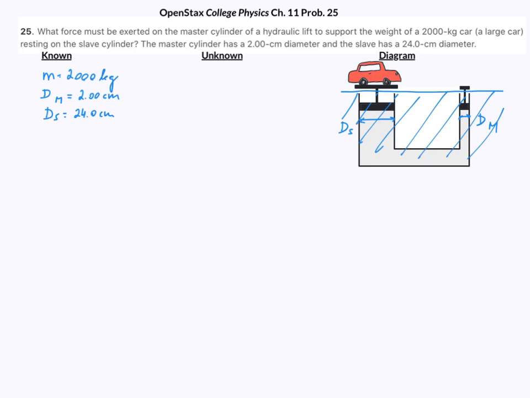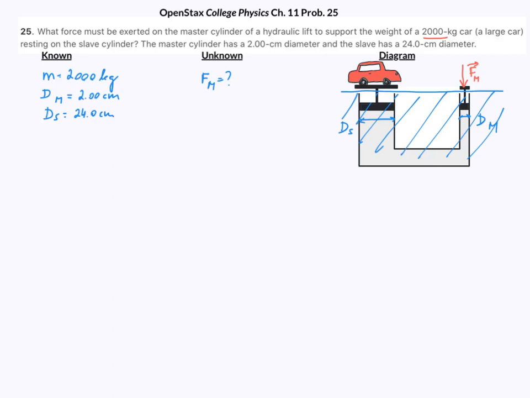So we're looking for the force that has to be exerted onto this master cylinder so that the car gets pushed up. So we want to overcome this 2,000 kilogram mass of the car. So I'm just looking for the force exerted at the master level. Sounds bizarre, but yeah.